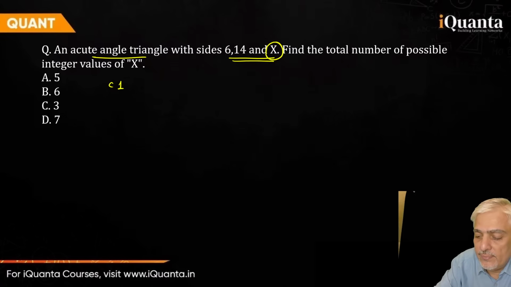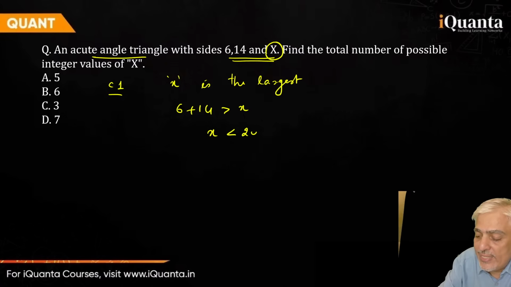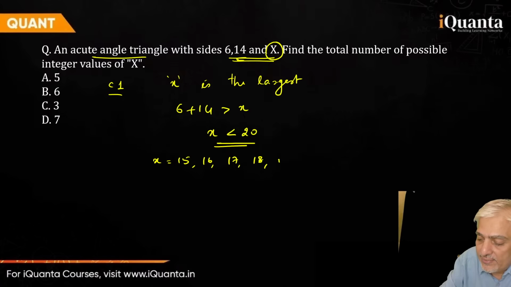Case 1. X is the largest side. So 6 plus 14 has to be greater than x. So x is less than 20 but greater than 14. So x can be 15, 16, 17, 18 and 19.